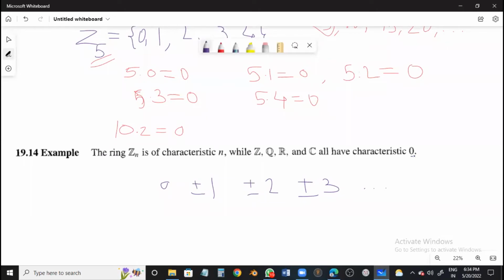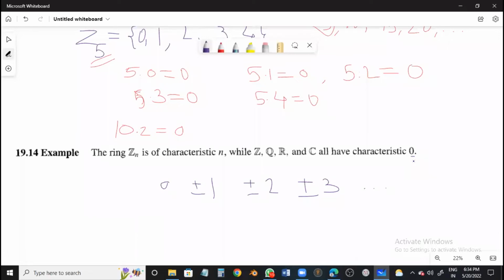0. Now if the characteristic of Z is 0, you know Z is a subset of Q. What will be the characteristic of Q? 0. That of R, 0. That of complex, 0. Are you following me?